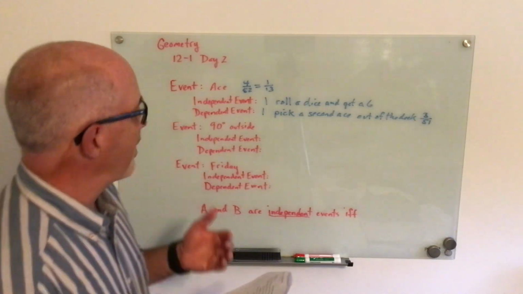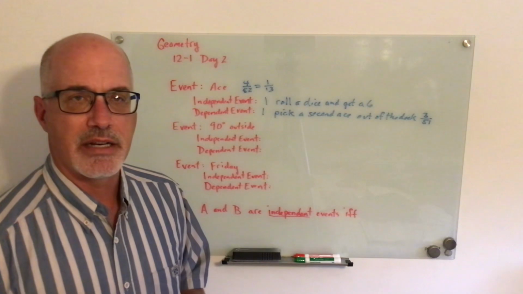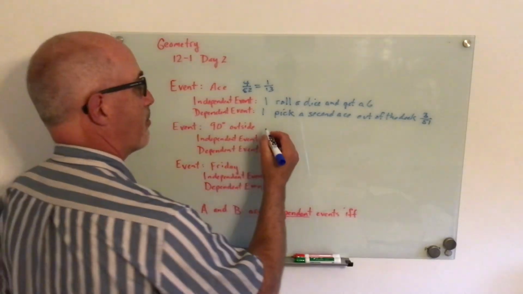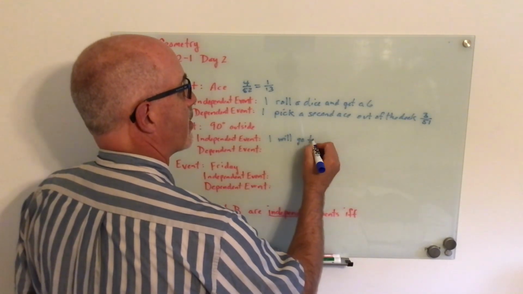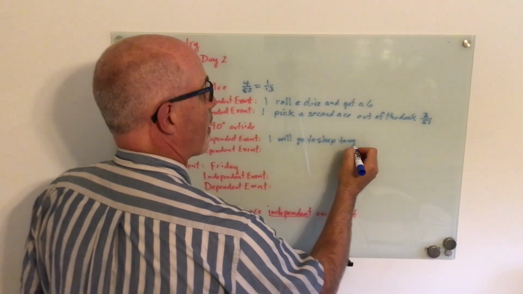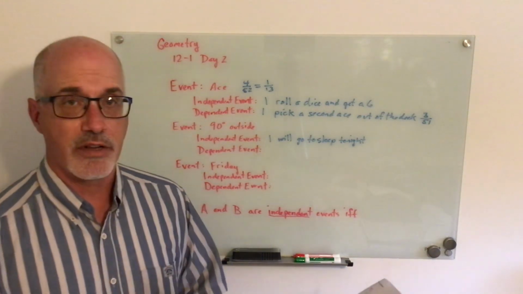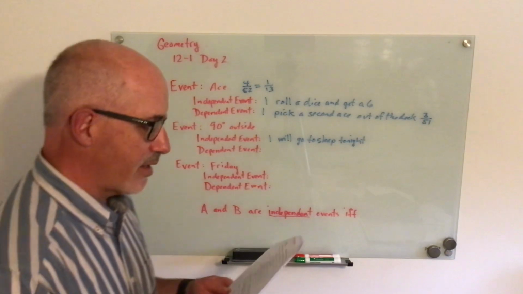Now let's say our event is 90 degrees outside. An independent event would be that I'm going to go to sleep tonight. I'm going to sleep tonight whether it is 90 degrees out or whether it's not. Now it might affect the comfort of how I go to sleep, but the fact that I'm going to sleep, that's an independent event.